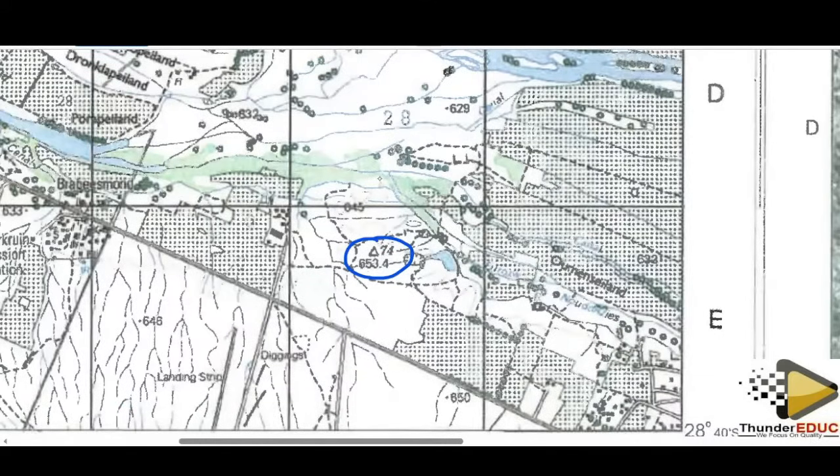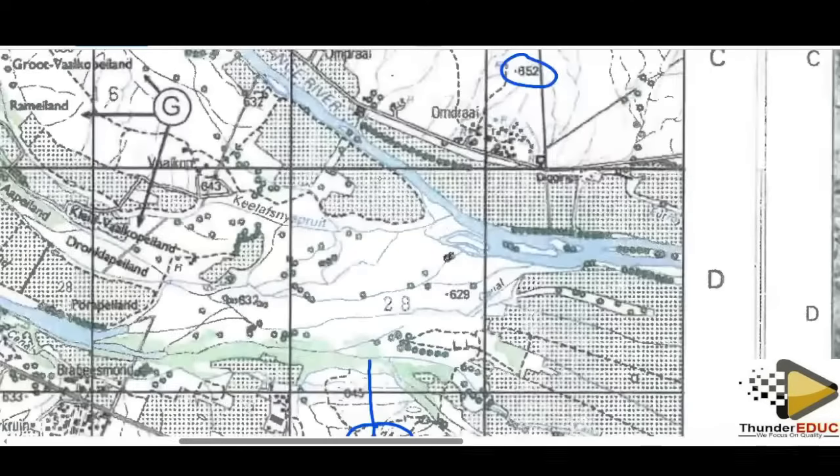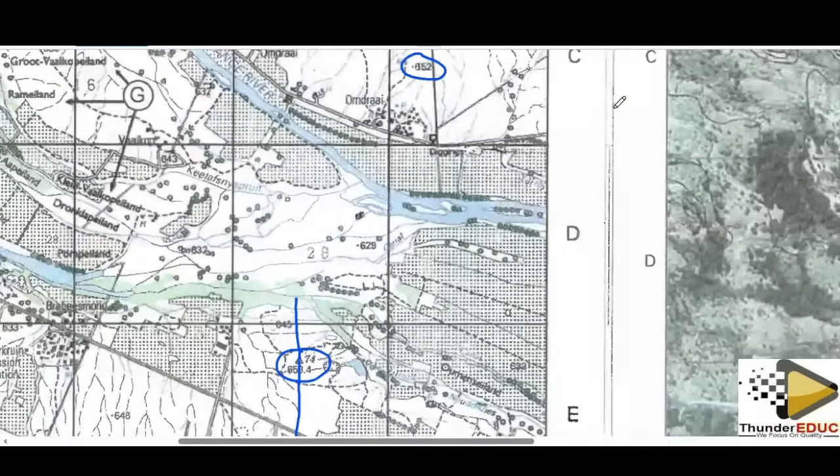You use a ruler and you draw a straight line across 74. Then after that, you're going to join the 2 points with a straight line as well. Let me try to reduce so you can see nicely. Thereafter, you're going to join the spot height and trig station with a straight line, right?